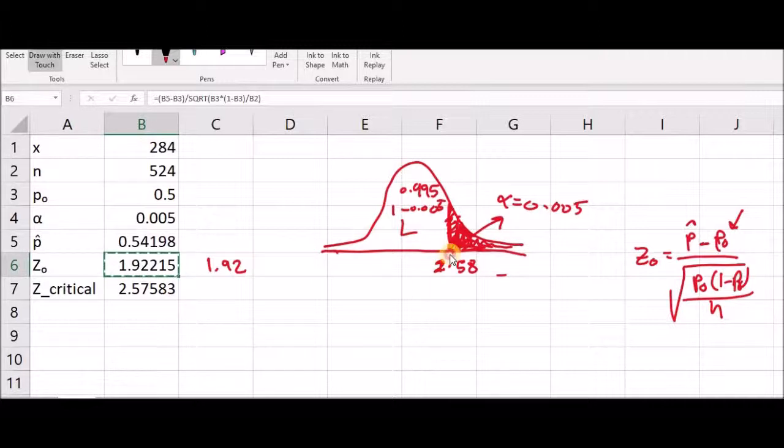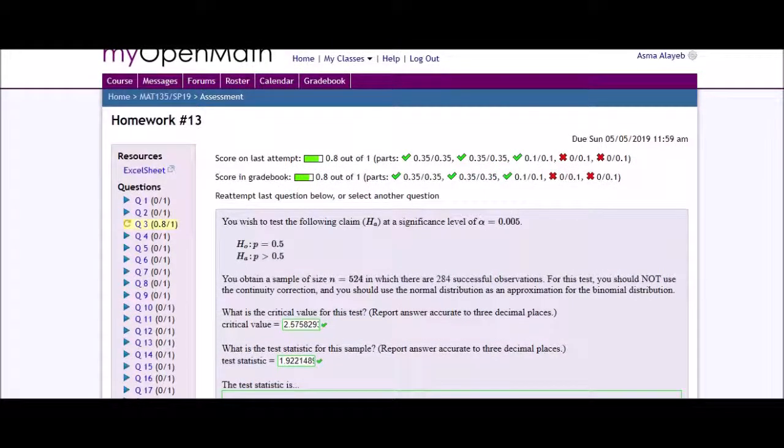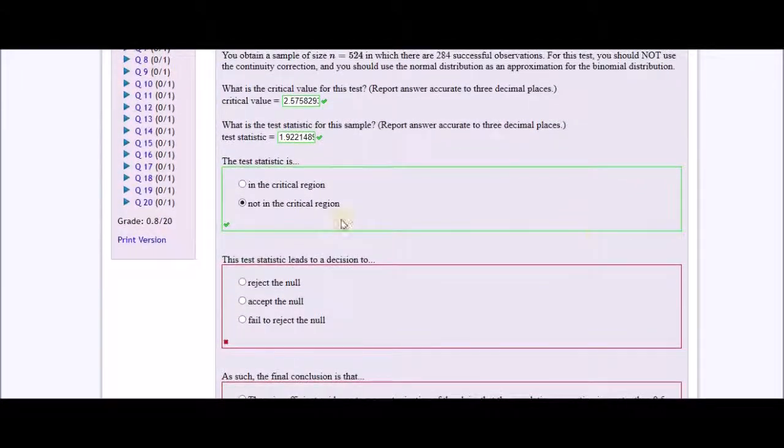So 1.92 is obviously before that number, so it is approximately right here. So basically, Z naught is outside of the critical region. It is not inside of the critical region. So I will select that it is not in the critical region.